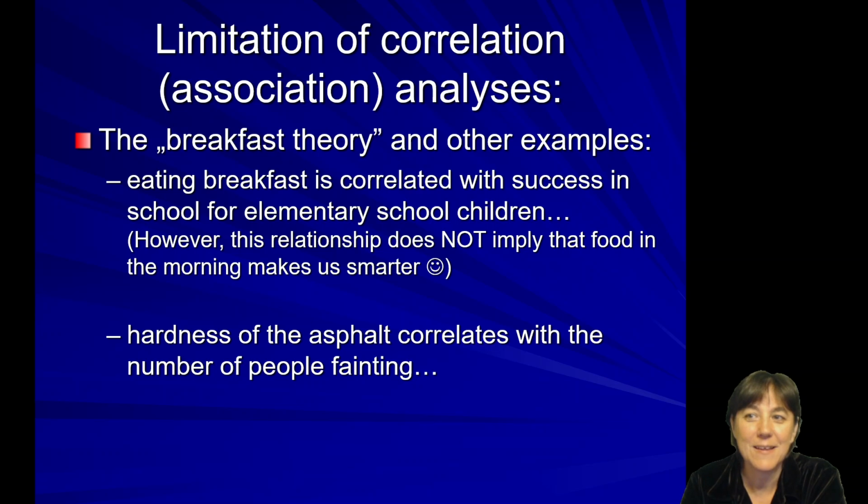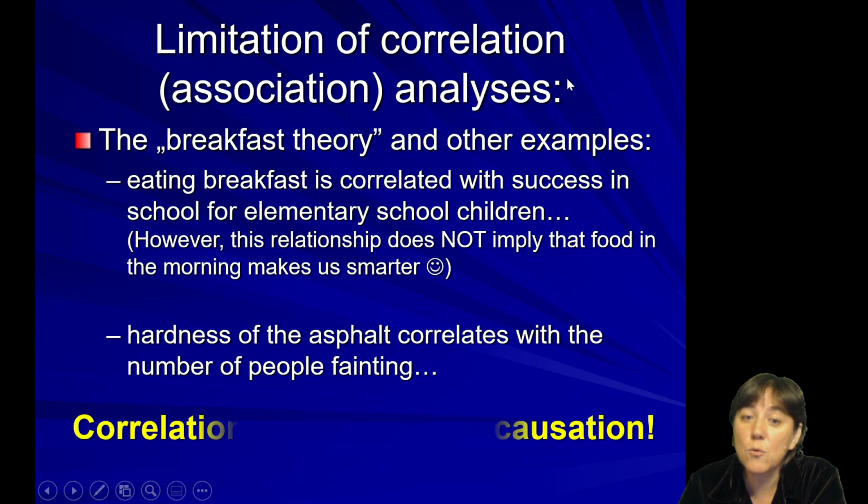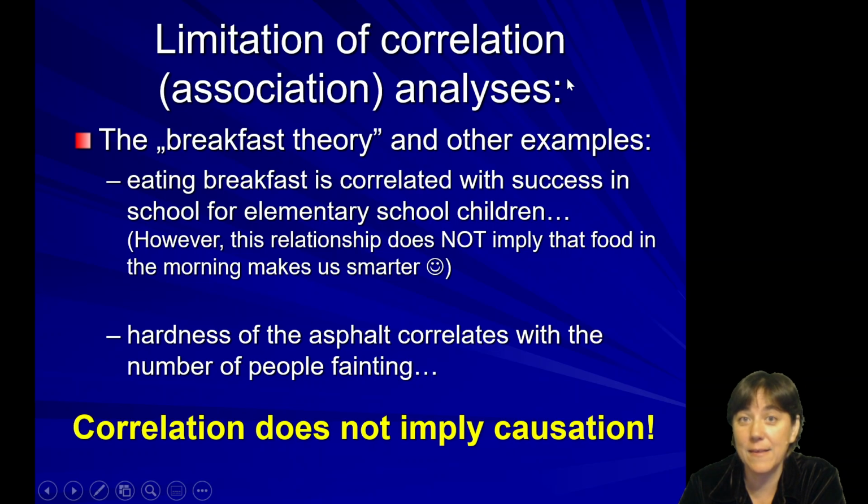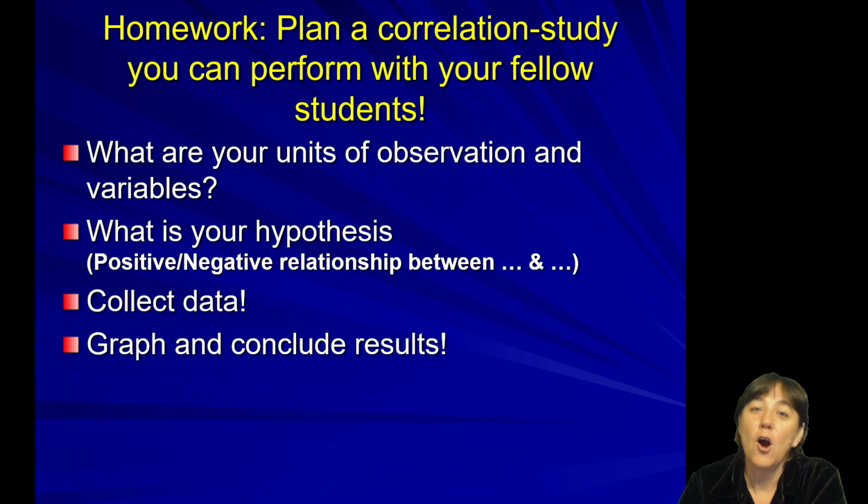It makes the asphalt soft and it makes people faint, and the mechanism of the effect is totally different. So remember this when you're talking about the limitations of association analysis. There's no causation, okay? This is just a relationship, nothing more. No more, no less.